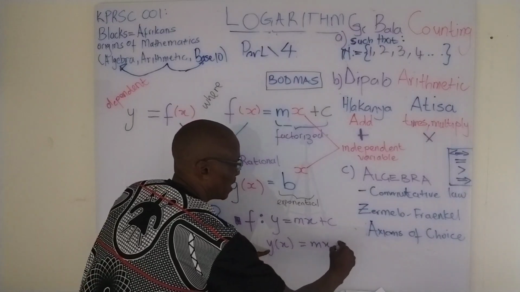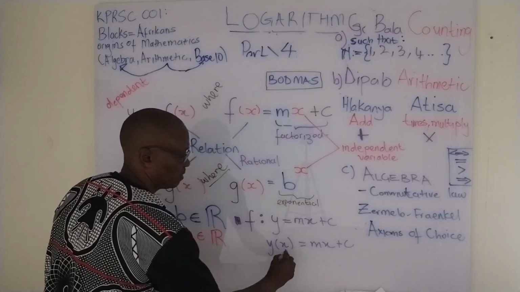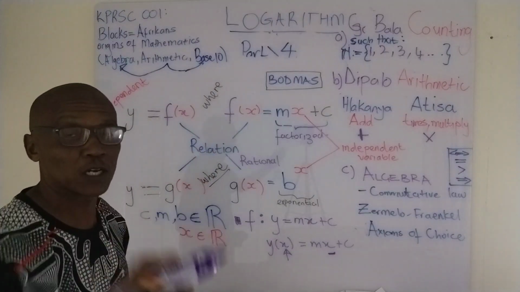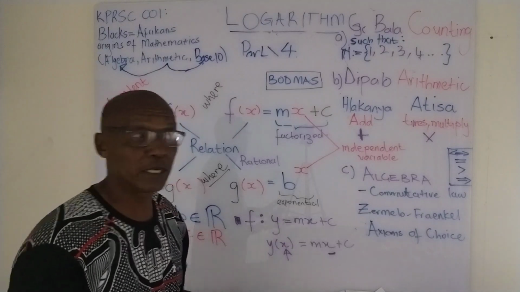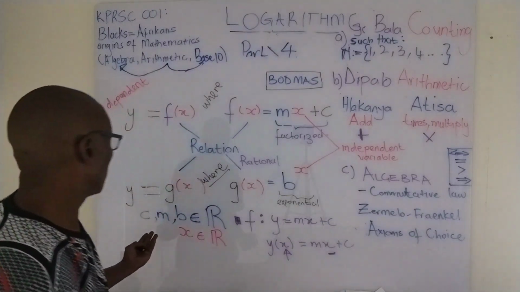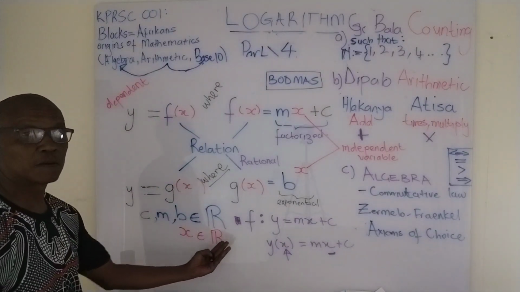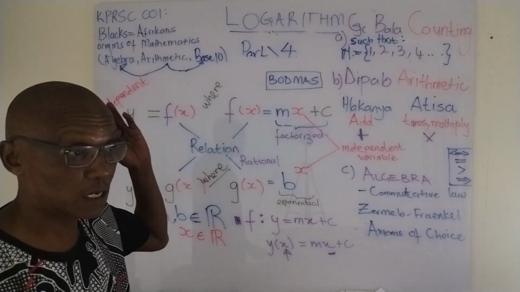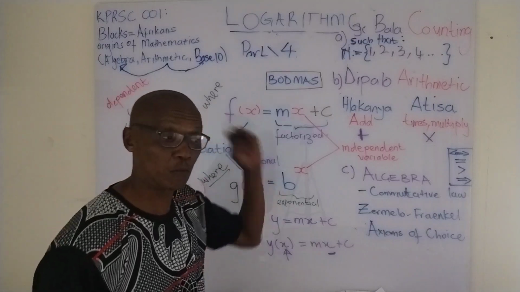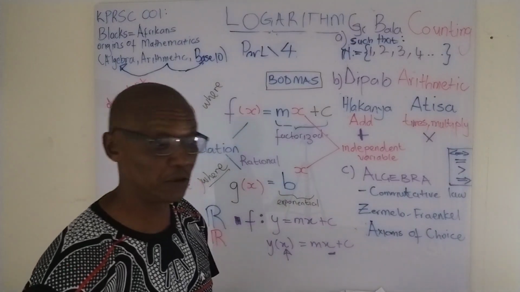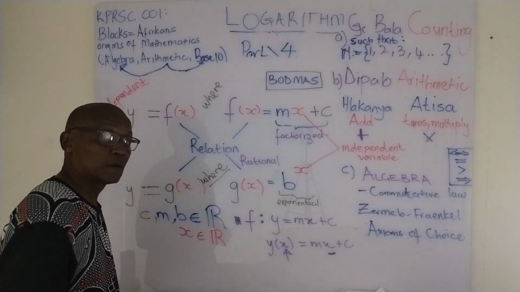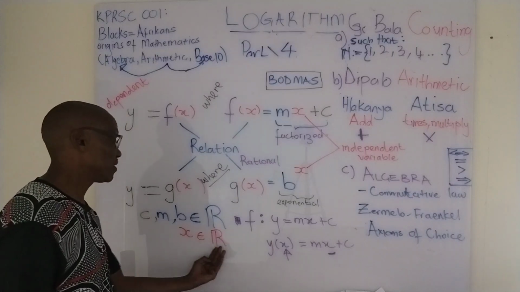The reason why I like it is that it tells me about the independent variable, to say, oh, this is the independent variable that you can choose independently, and you can choose anything. Remember, x is a real. So it can be 0, minus 10, minus 100, 4,000, or billion, or minus billion. It can be anything you like. It's a real. It's an element of the real.